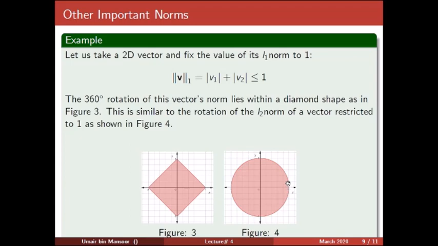Whenever we are on this circle, the L2 norm is always 1. So the L2 norm gives us a clear circle and the L1 norm gives us a diamond-shaped figure. Let's look at it with an example.